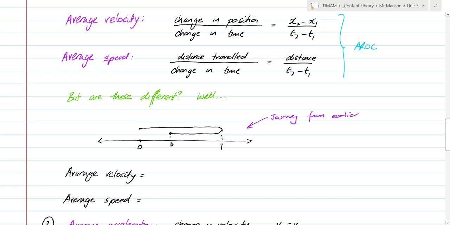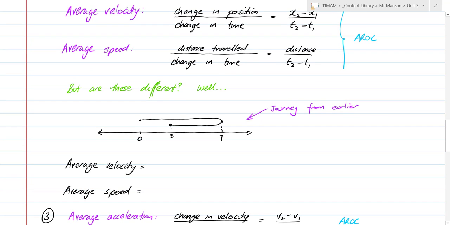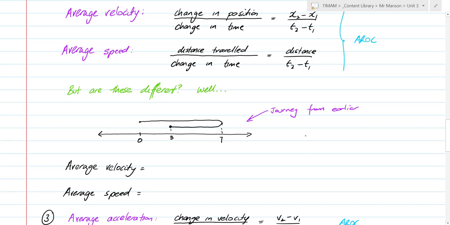So going back to this question, you remember that my average velocity is displacement over time. What did I say the time was? I don't know. So let's just say time taken equals 2 seconds. The displacement is 3 over 2 for time, and that's equal to 1.5 meters per second, or whatever the distance unit is.